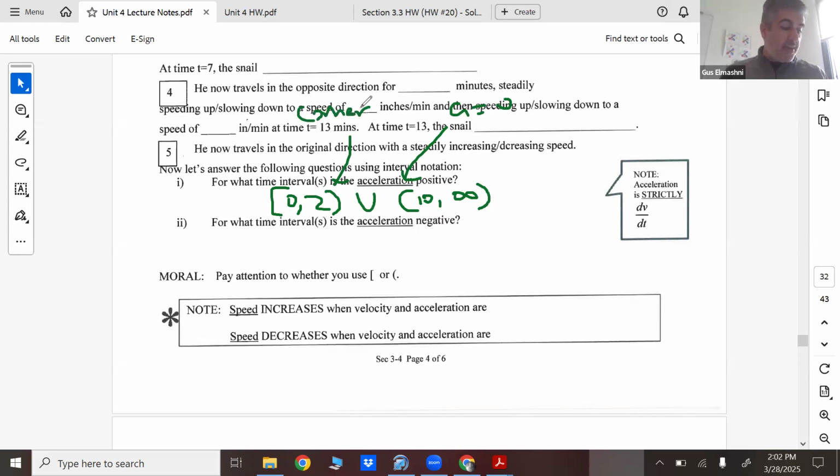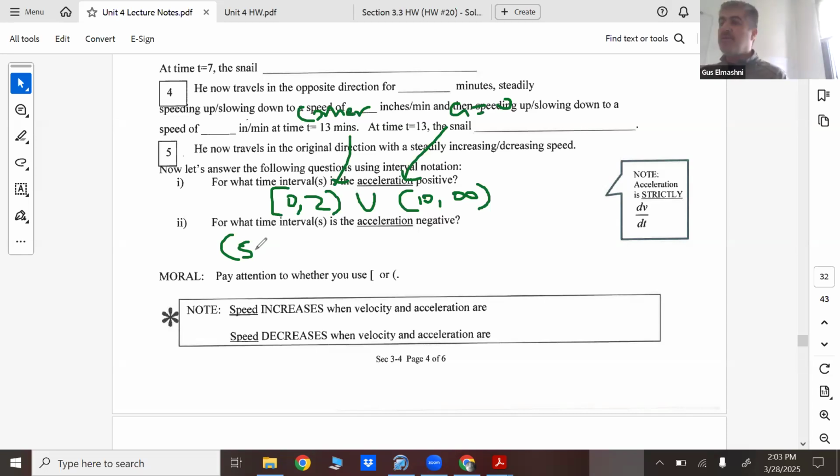And then when's the acceleration negative? From 5 to... no, we're looking at the slope, not velocity. We're looking at acceleration. Look at the slope of the velocity graph.